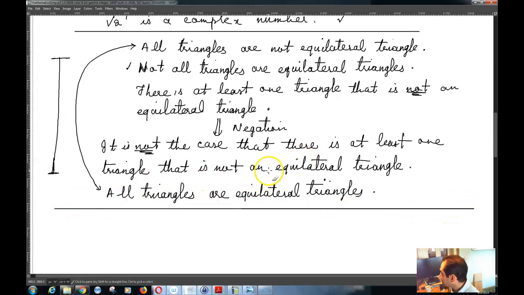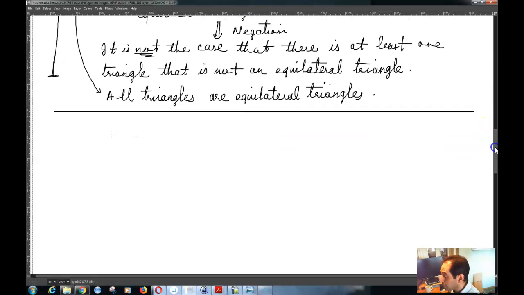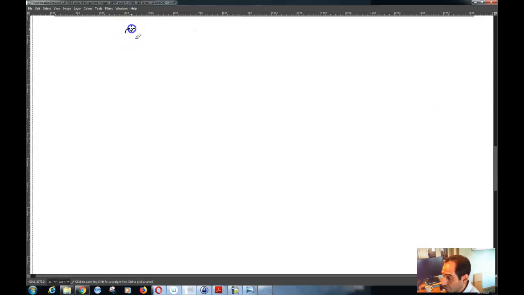So the next statement that we have is: the number 2 is greater than 7. The negation of this is a simple statement, and it's not hard to understand.